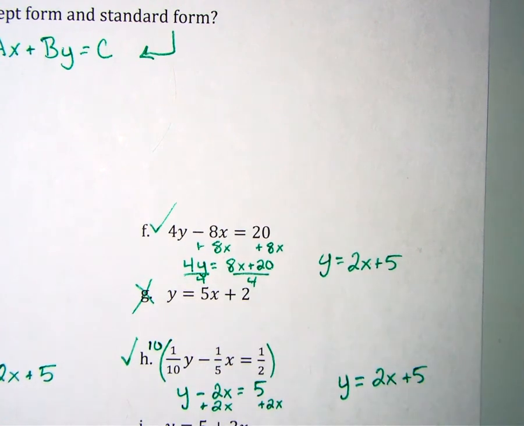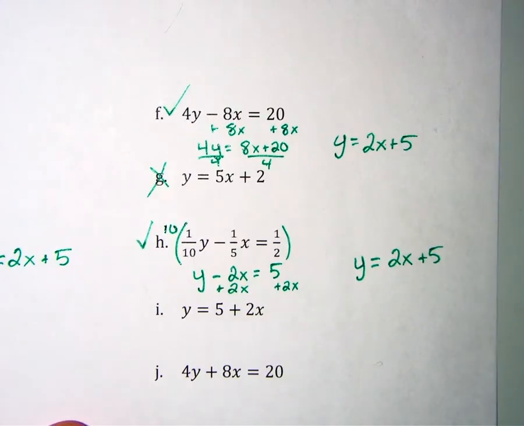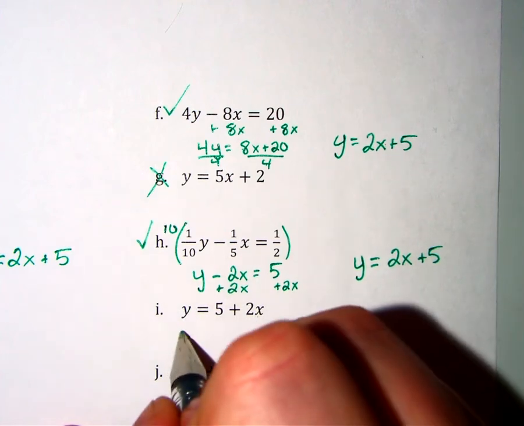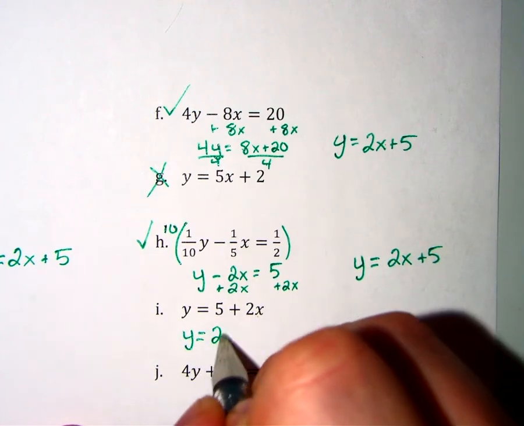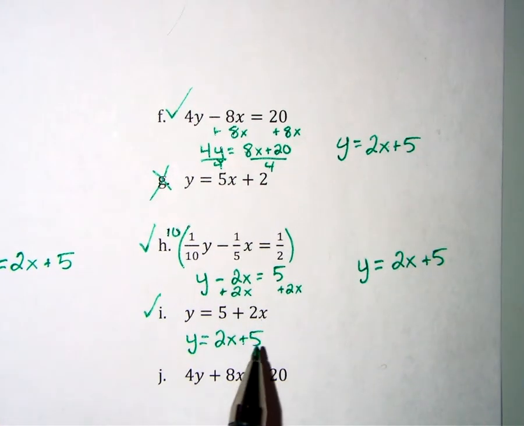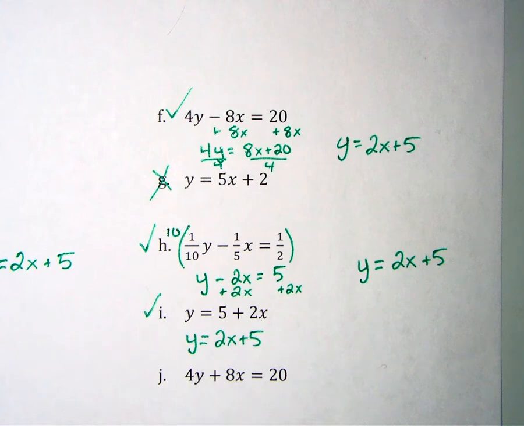That's good. Letter I already has y isolated, but it has my variable and constant at the end, or coefficient at the end, so we're going to switch the order. Y equals 2x plus 5, so that's good. Remember, our commutative property of addition is what allows us to rearrange the order of those two without it impacting the solution to the problem.